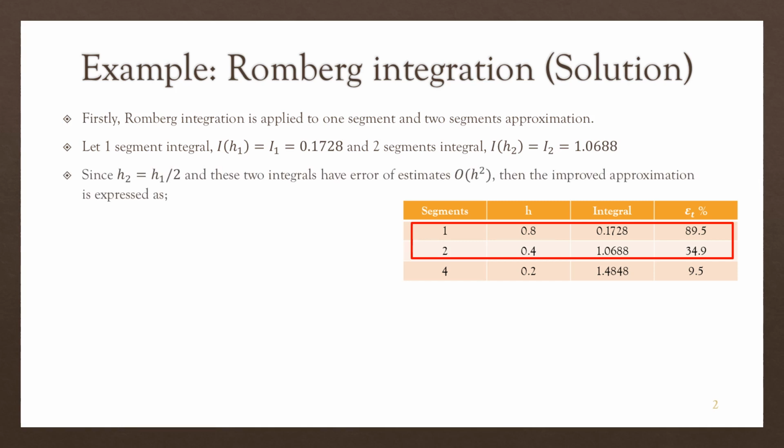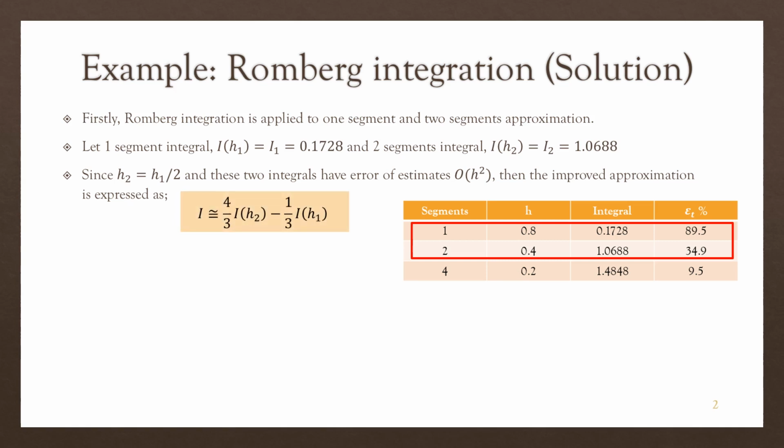Since H2, which is the two segments approximation, is equal to H1 over 2, which means it is half of the first approximation's segment size, and these two integrals have errors of estimate O(h²), then the improved approximation can be expressed as this one.